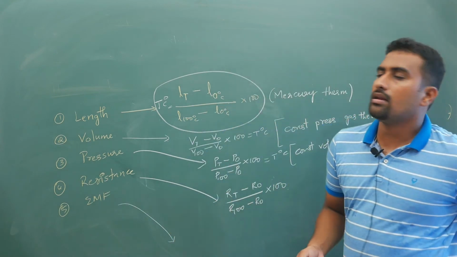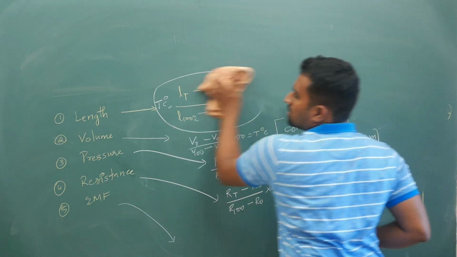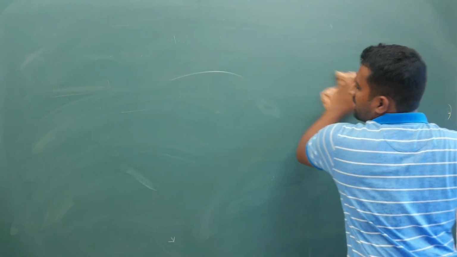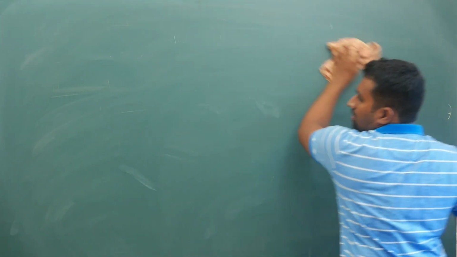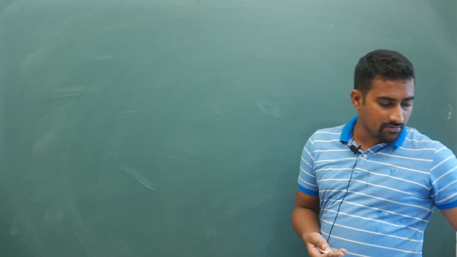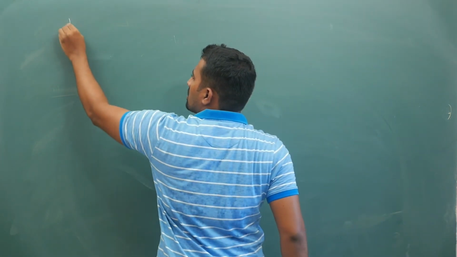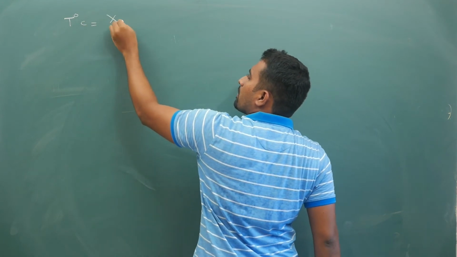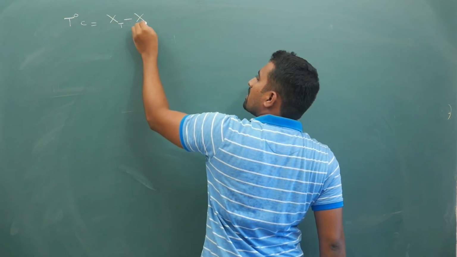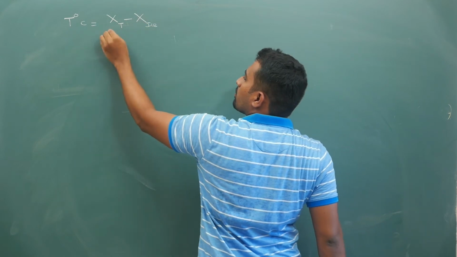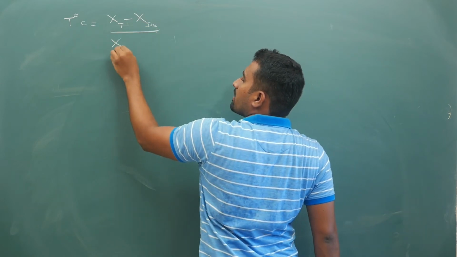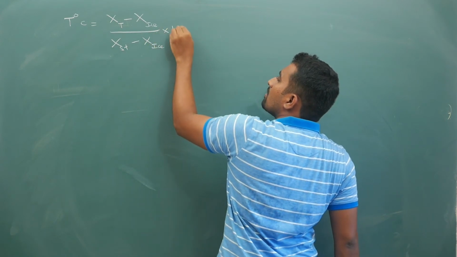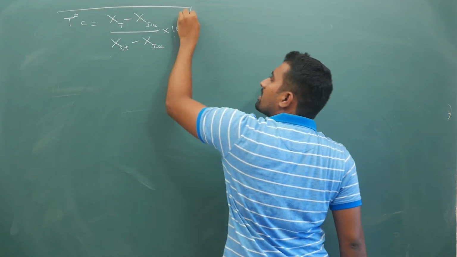In general, from this much story I have explained, thermometry deals with the measurement of temperature. What is the formula for measurement of temperature? Temperature in degrees centigrade is thermometric property at that particular temperature minus thermometric property at ice point, by thermometric property at steam point minus thermometric property at ice point, into 100, provided your temperature is in degrees centigrade.